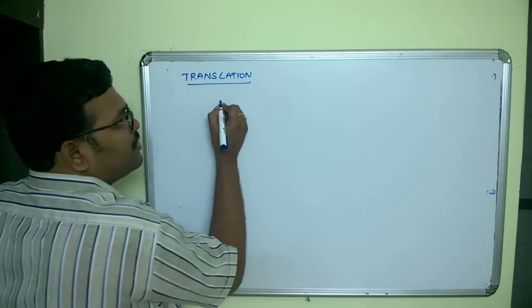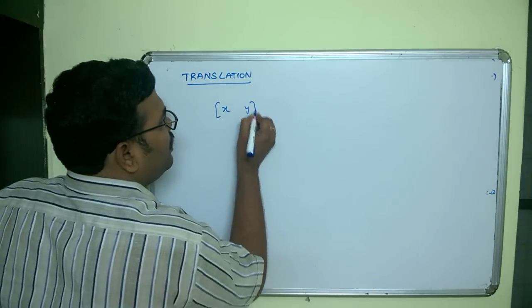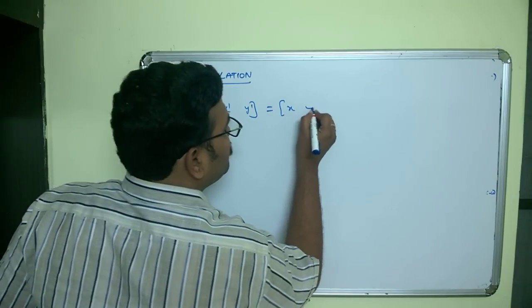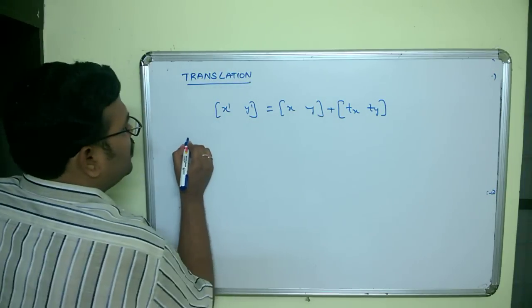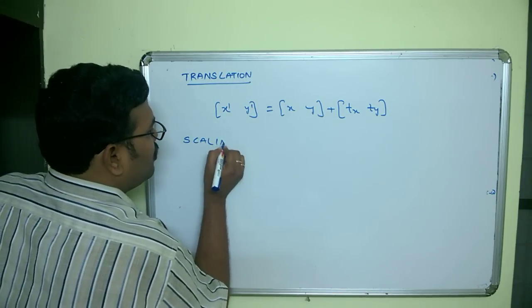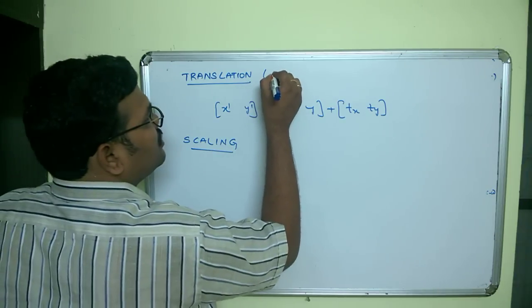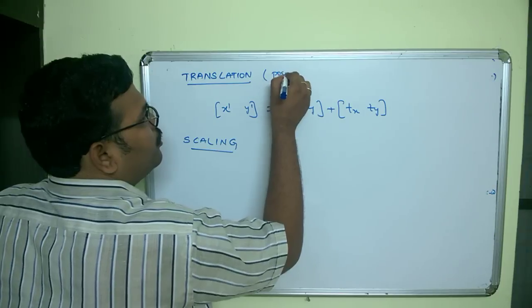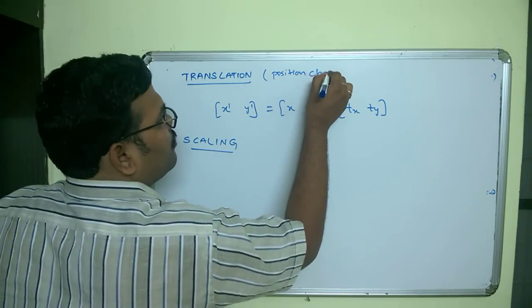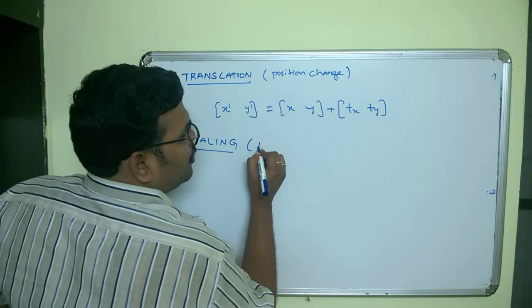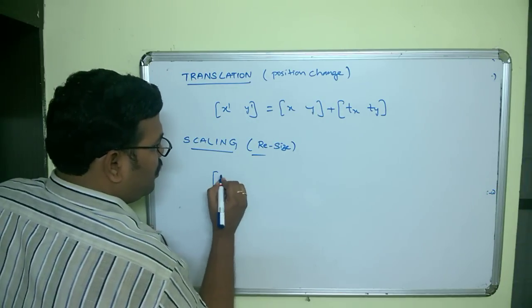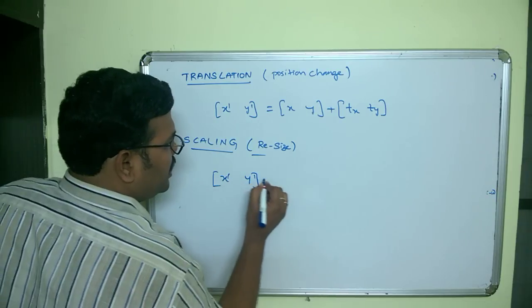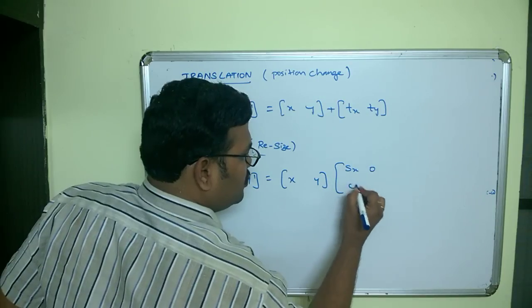In translation, the formula is [x' y'] = [x y] plus [tx ty]. This is a position change. Next is scaling, which is resizing, where [x' y'] is equal to [x y] times a diagonal scaling matrix.